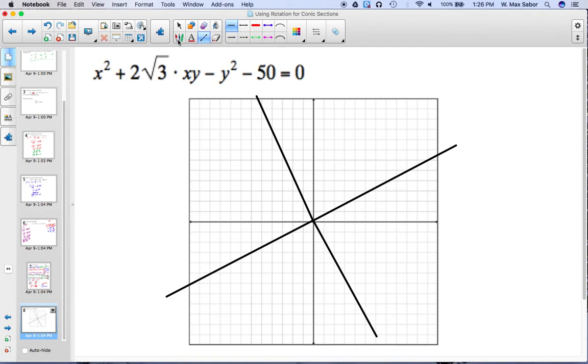Now that we have rotated our axes, we can set our center to be the 0, 0. We can go 5 along this axis, 5 along this axis, 5 along this axis, and 5 along this axis.